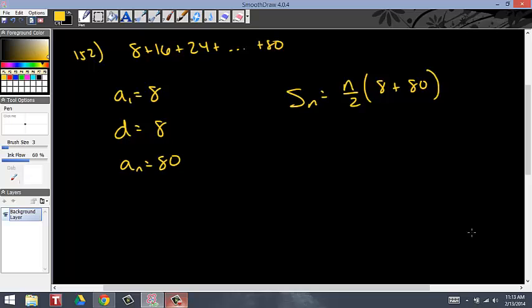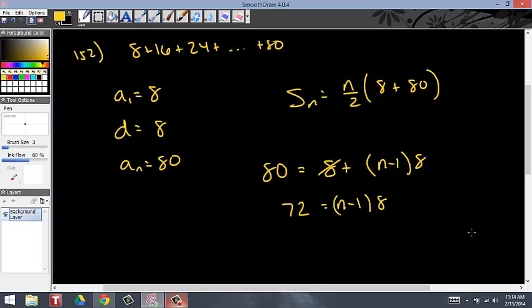N. And I wish there was a formula that existed that allowed us to find n. Is there a formula that exists? Yeah. We can do a sub n. A sub n is 80 equals a sub 1, which is 8, plus n minus 1 times d. So that's 72 equals n minus 1 times 8.